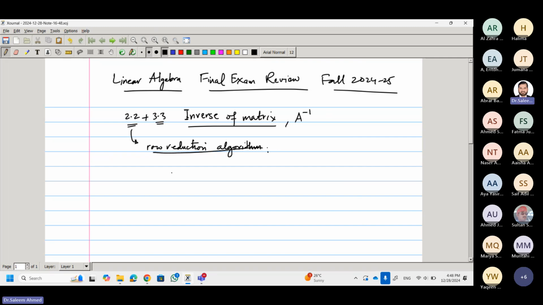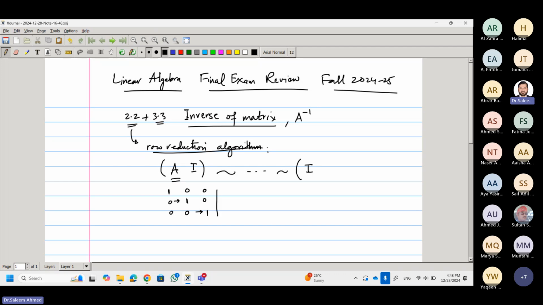In the row reduction algorithm, you write your given matrix A, and you write the identity matrix with it. You write the two matrices together, and then you use row operations to change the first matrix to identity. So whatever matrix is given, you start by making this one, make 0, 0 below that. Then you go here, make 1 and make 0, 0 above it. And then you have 1 here and make 0, 0 above it, right?